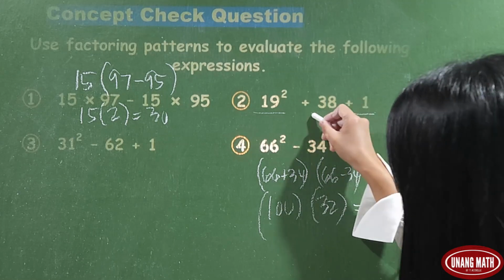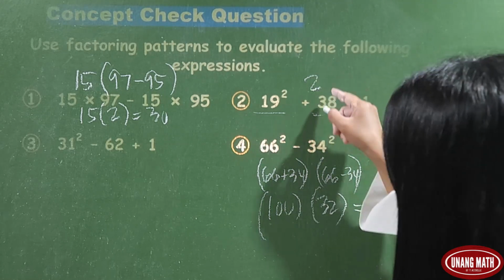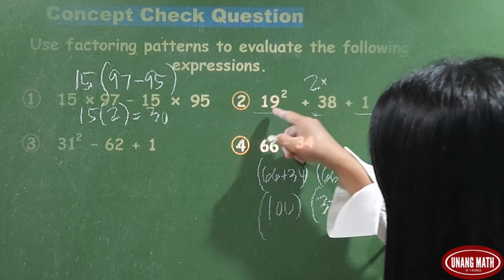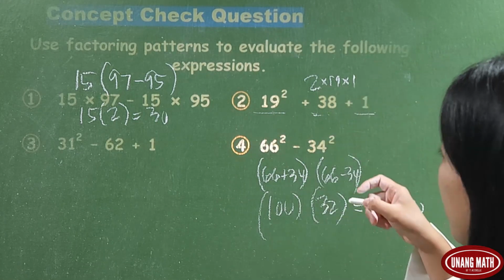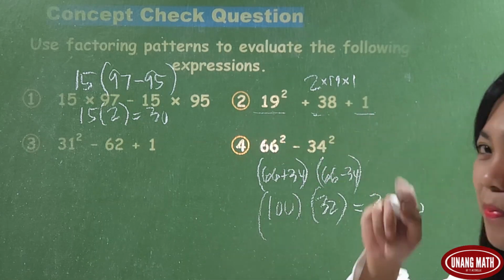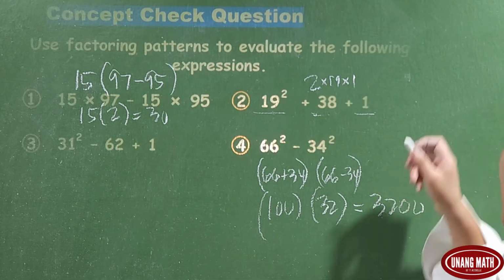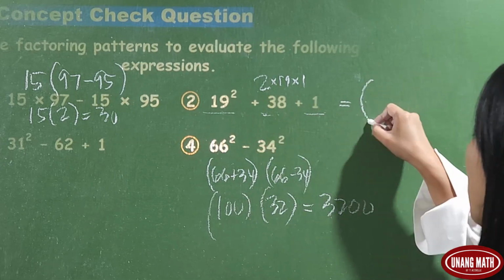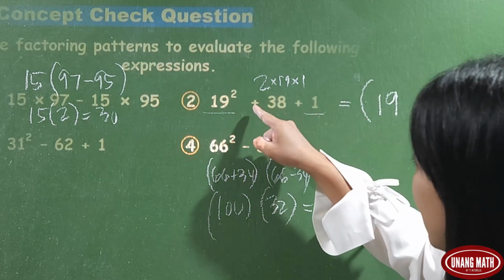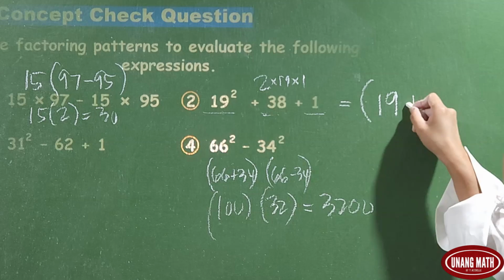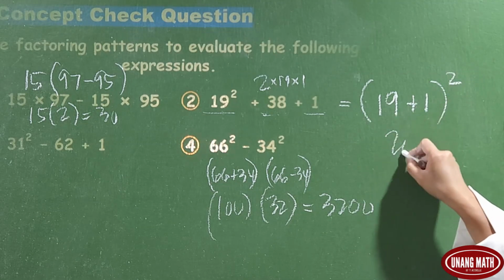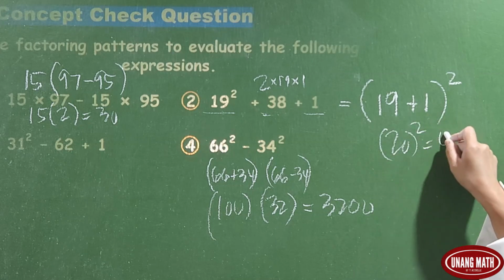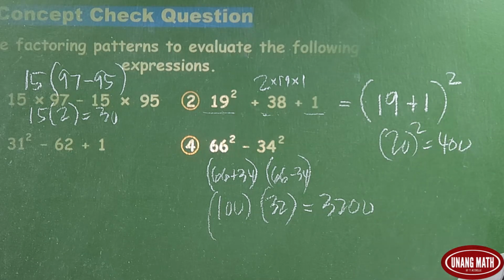The middle term is 2 times this term times the last term. It means this is a perfect square trinomial. So if we are going to factor this out, it would be 19. Since this is plus, just copy this plus sign. So 19 plus 1 squared. So this is 20 squared. So it means this is 400.